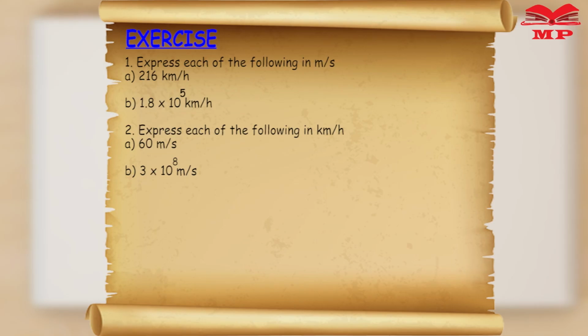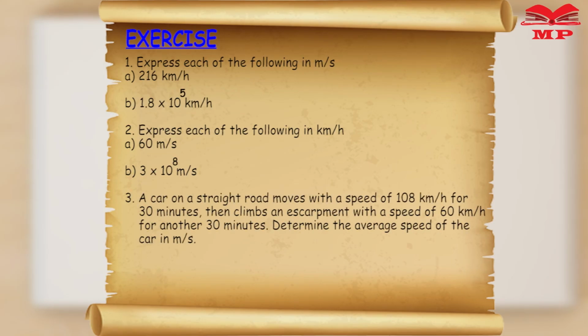Question number 3. A car on a straight road moves with a speed of 108 kilometers per hour for 30 minutes, then climbs an escarpment with a speed of 60 kilometers per hour for another 30 minutes. Determine the average speed of the car in meters per second.